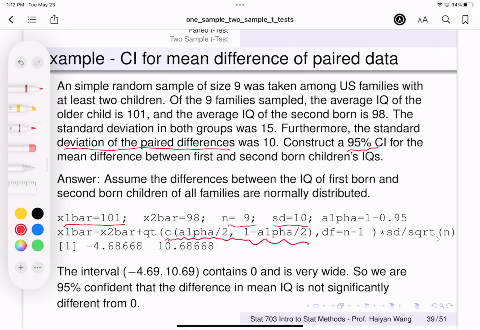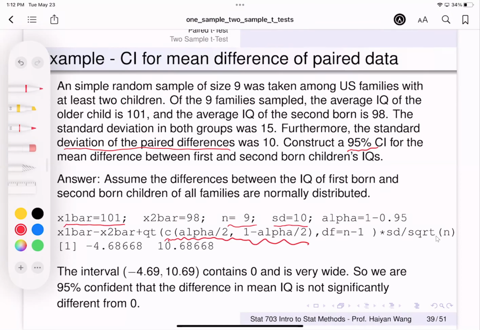Once we finish computing, we can report our interval and use it, for example, to check whether the mean IQ difference between firstborn and secondborn children is equal to 0 or not. We just check whether the interval contains 0.